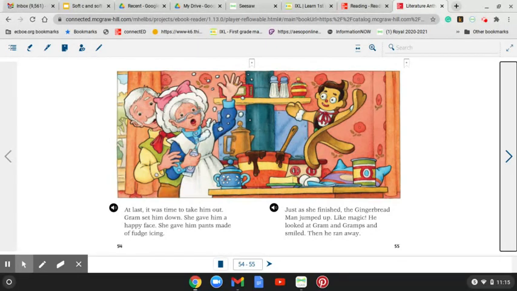And now we see on this page, the gingerbread man is going to run away. Now we know he's going to have a big adventure, and now we're going to get to see what his adventure looks like in this story. So now we're going to turn to our next page.